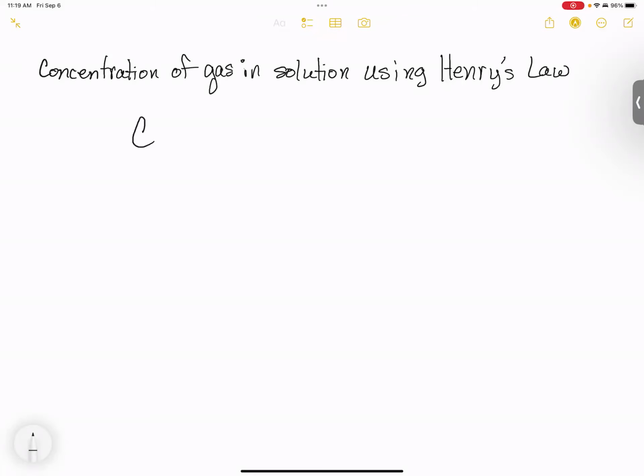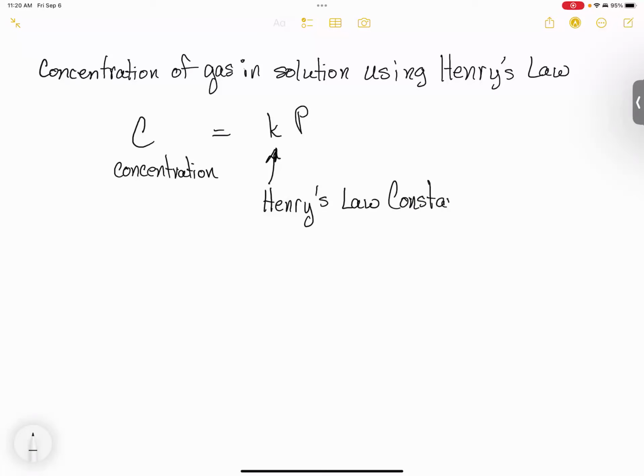Henry's law states that the concentration of a gas in solution is equal to K times P, where K can be found in a table as the Henry's law constant for that gas, and P is the partial pressure of that gas.